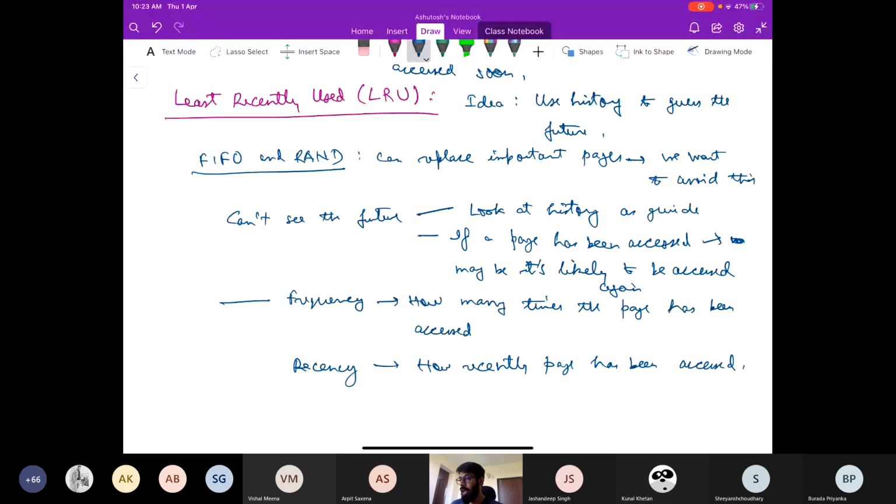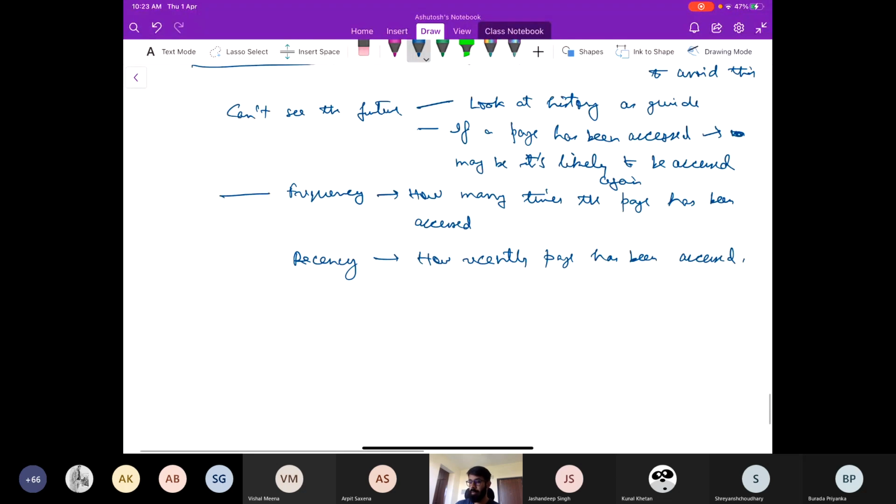Based on these two, we make the policies, and they rely on the principle of locality that we have seen, even in the case of TLBs.